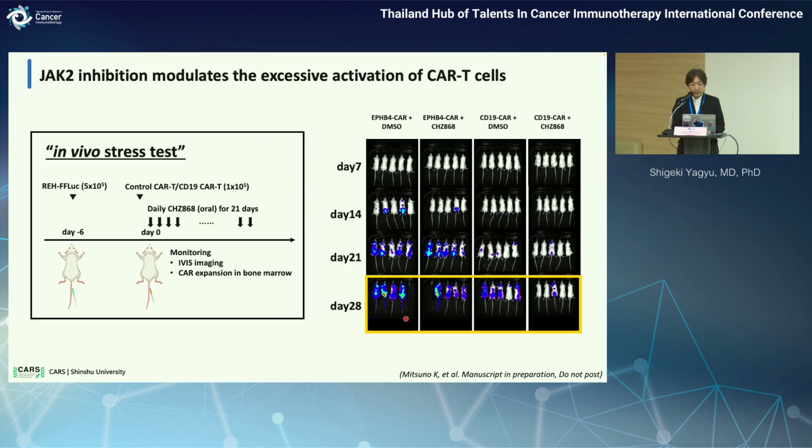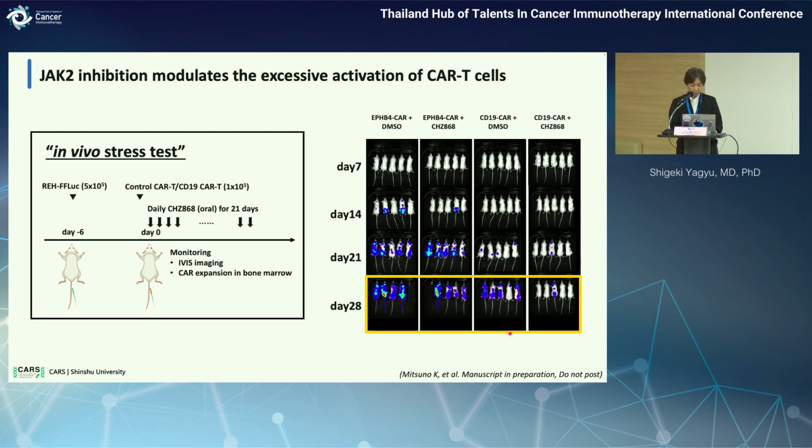As you can see here, the CD19 CAR T cells in the presence of JAK2 inhibitor controlled the tumor progression, probably reflecting the immunomodulatory functions of JAK2 inhibitor on CD19 CAR T cells. So overall, the combination strategy of the CAR T cells with a molecular targeting drug would be an appealing strategy in the future.